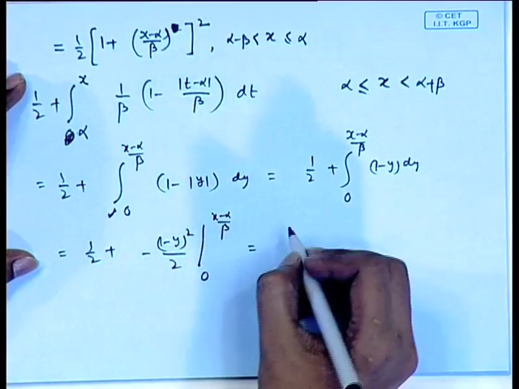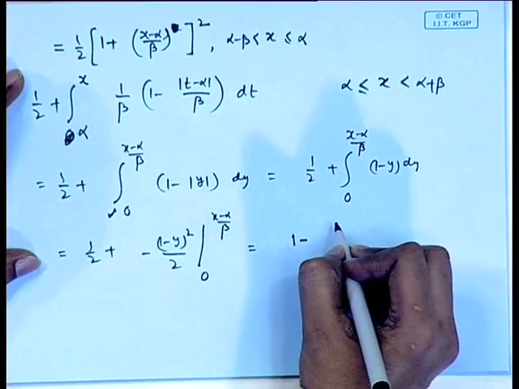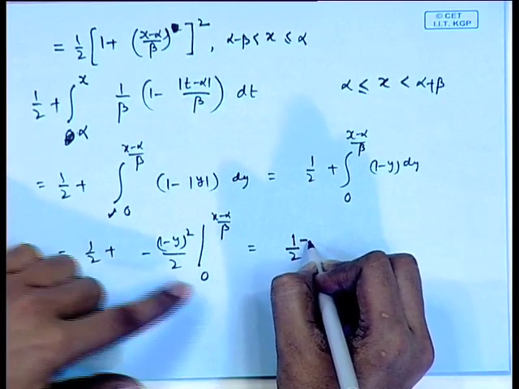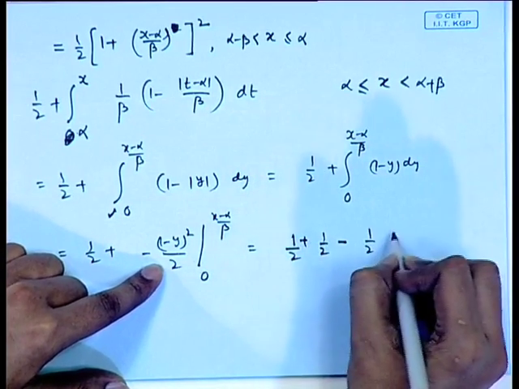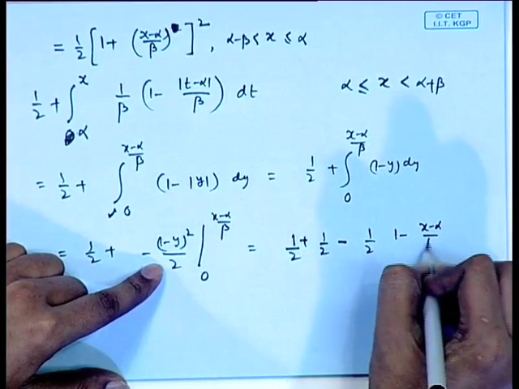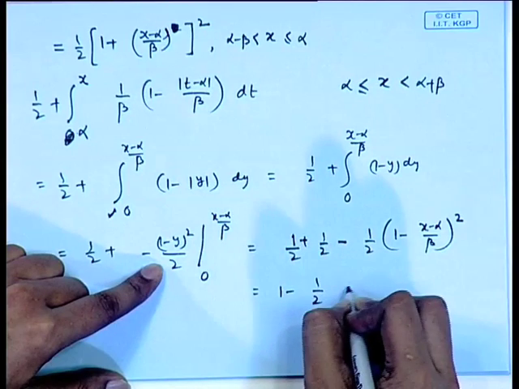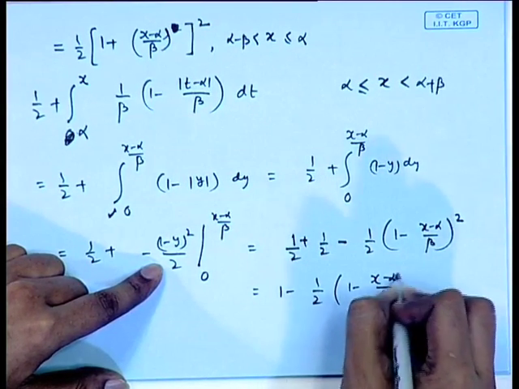At 0 this value becomes half, so it is equal to 1 minus half times (1 minus (x minus alpha) by beta) square.